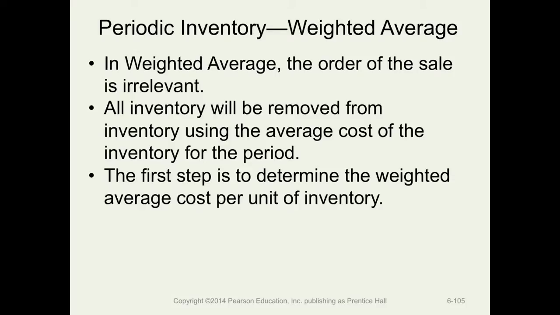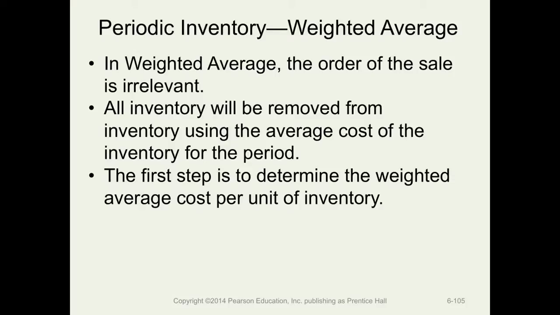The difference between periodic and perpetual is that under periodic, that average is only taken at the end of the year, rather than at each point of purchase. So remember, under perpetual, the average cost of inventory is calculated at each purchase.